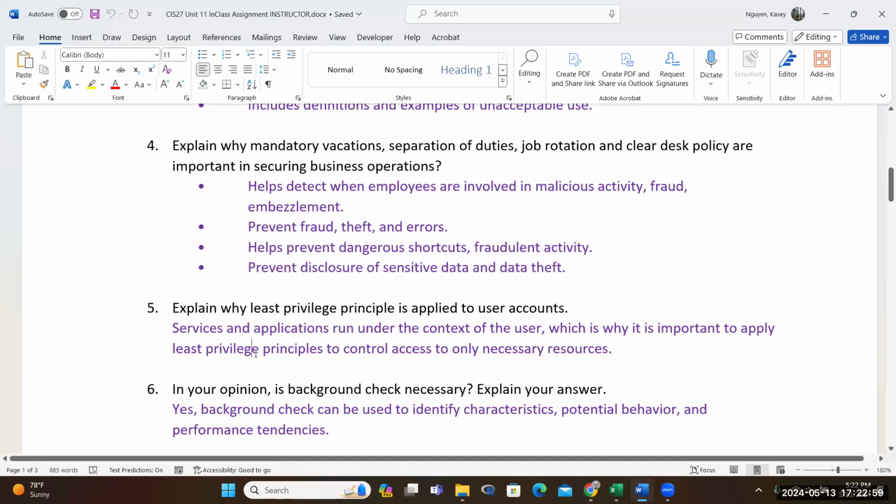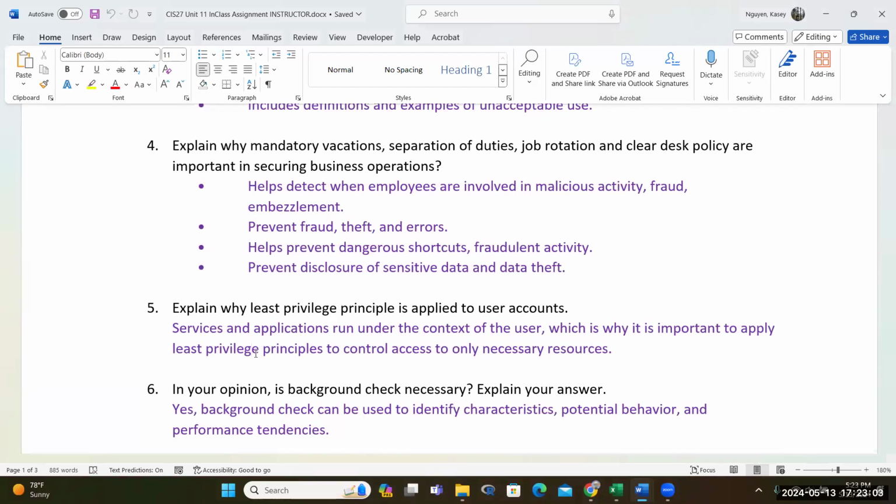So that means I need to make sure I configure permissions and user rights, right? Two different things. Permissions pertain to files and objects, like what they can view, what they can write, save, right? What they can download.